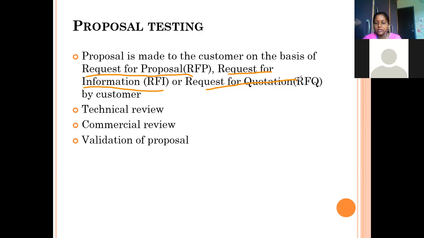So accordingly the quotation will be given, not only the profit, but if for that particular product you want some new hardware or software, how much will be the cost for those.